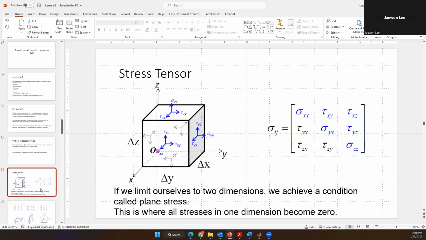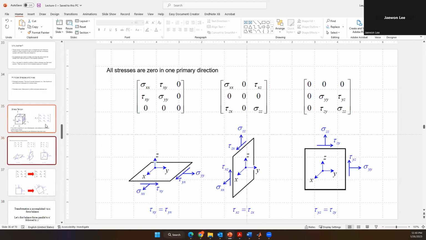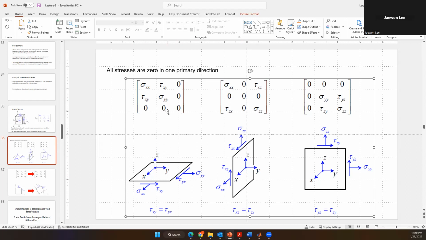This is the stress tensor we studied before. But in this course, we are going to focus only on the 2D plane. If we consider the xy plane, we can write sigma xx, tau xy, tau yx, and sigma yy.